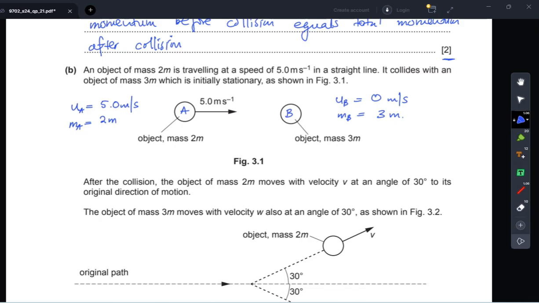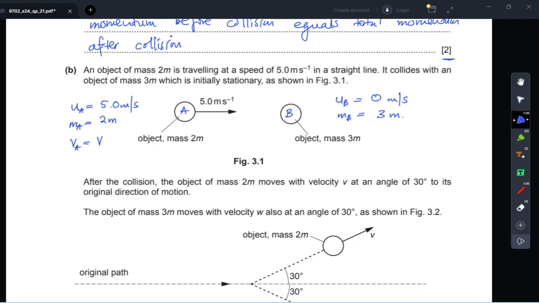After the collision, the object of mass 2m, which is A, moves with a velocity v. So VA is equal to v after collision at an angle of 30 degrees to its initial path.